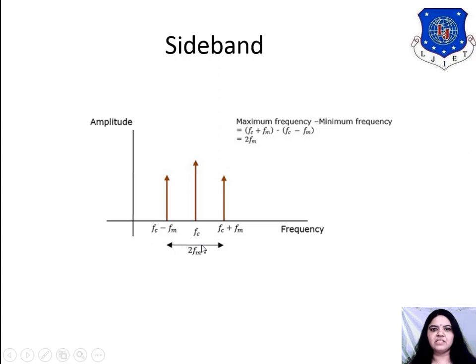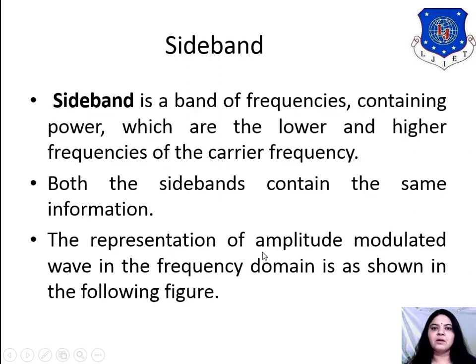So, the bandwidth required for the modulation is twice fm. We can calculate it using maximum frequency minus minimum frequency, that is fc plus fm minus fc minus fm, which is equal to twice fm.